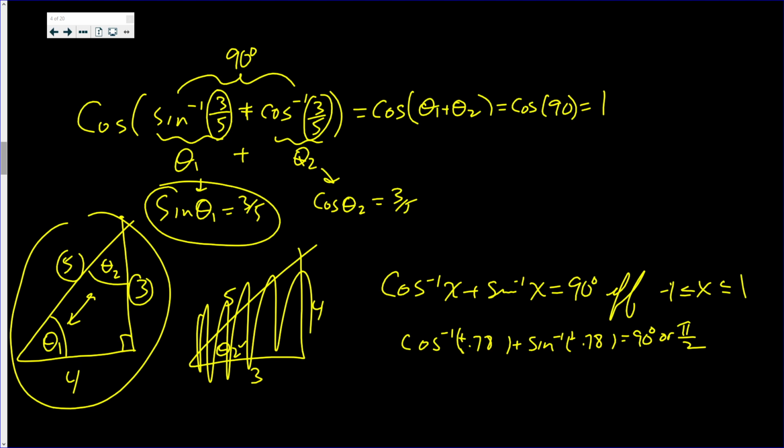The sine inverse of a positive number less than 1 plus the cosine inverse of a positive number less than 1 will be 90 degrees. I guarantee that.